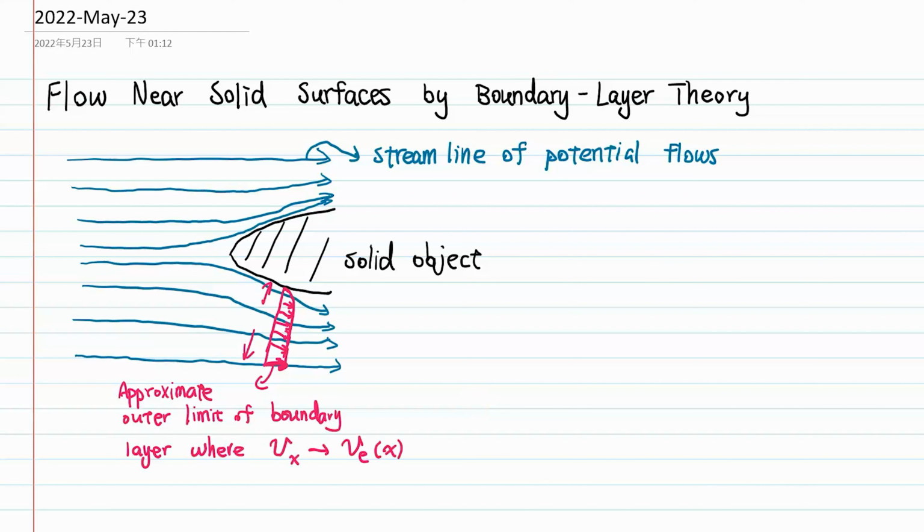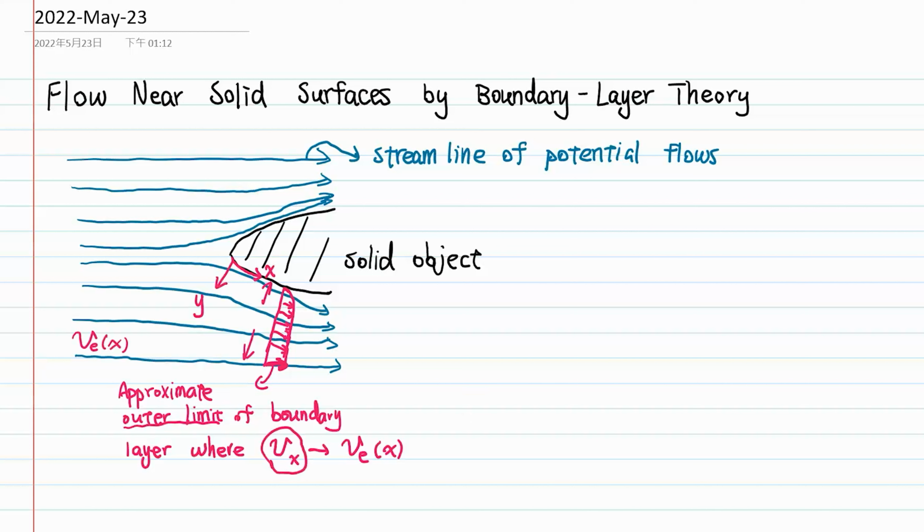Okay, so if we define our coordinates better, so you can have a better idea what we're talking about, we define the direction along the solid object as x, and the direction perpendicular to our solid object as y. Okay, so the outer limit of the boundary layer is where v sub x, the flow in the x direction along the solid object, approaches that of the bulk velocity v_e of x.